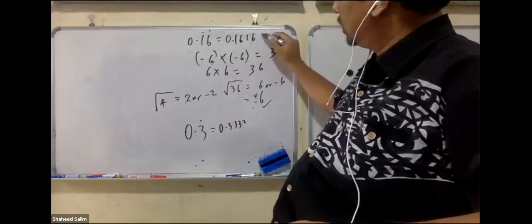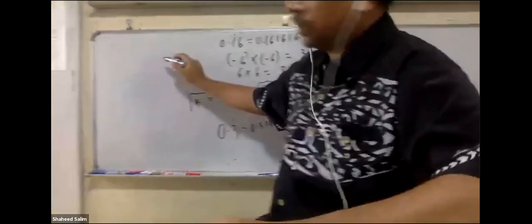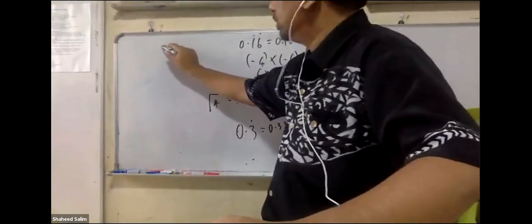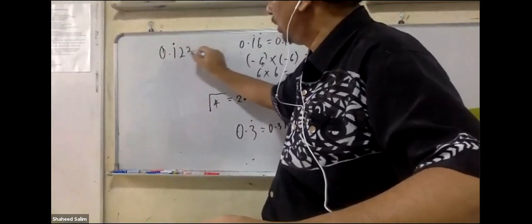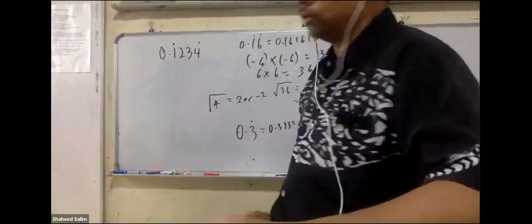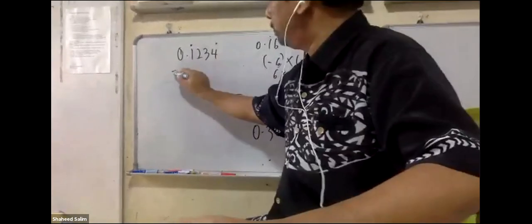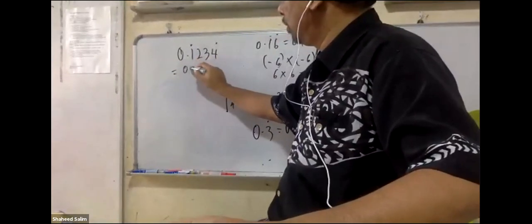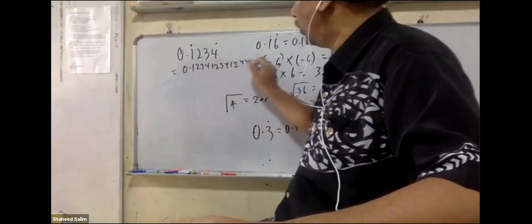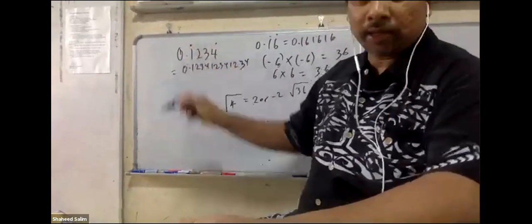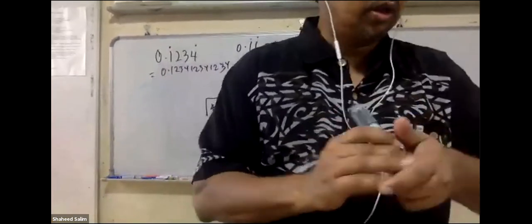Yes. Let's say you have another one, 0.1, then they put a dot on 2, 3, 4. You know what it means? It means you repeat the row. 0.1234, 1234, 1234. That's what it means. Okay, we go back.